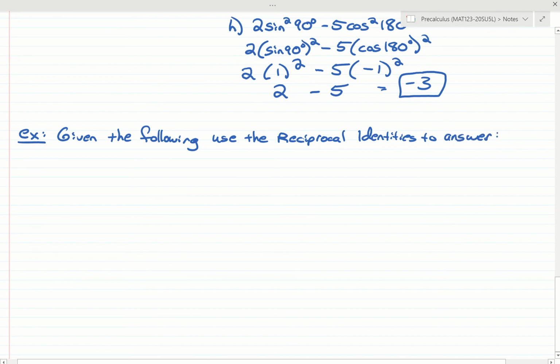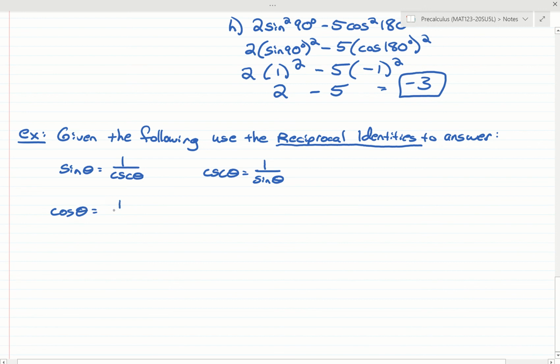And when we're talking about reciprocal identities, that's what we talked about in the beginning of today's section. If you remember, sine was the reciprocal of cosecant. Or the way that I put it was cosecant is the reciprocal of sine. We talked about this and we've used it, but this is maybe just another way to look at it.